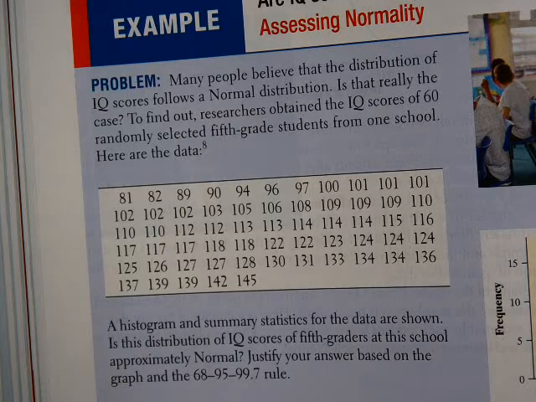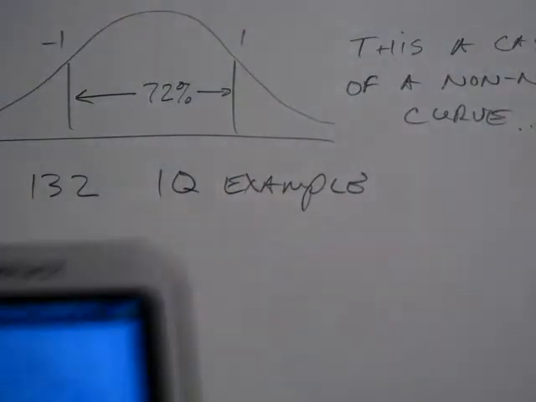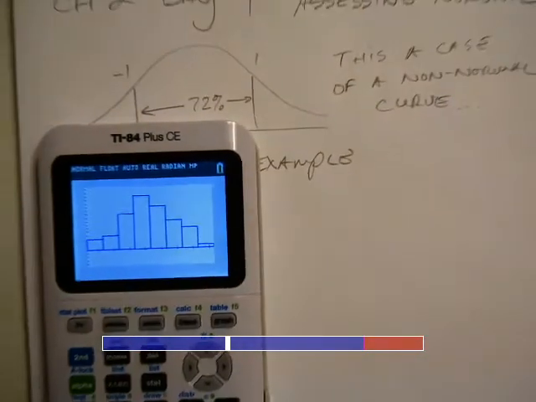The histogram should look pretty normal. It definitely has an approximately normal look to it.